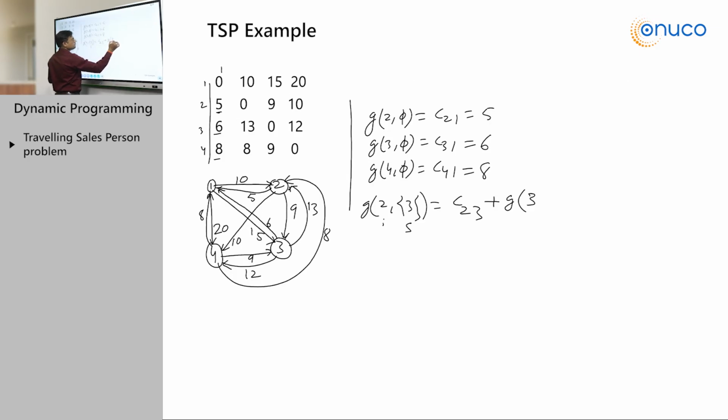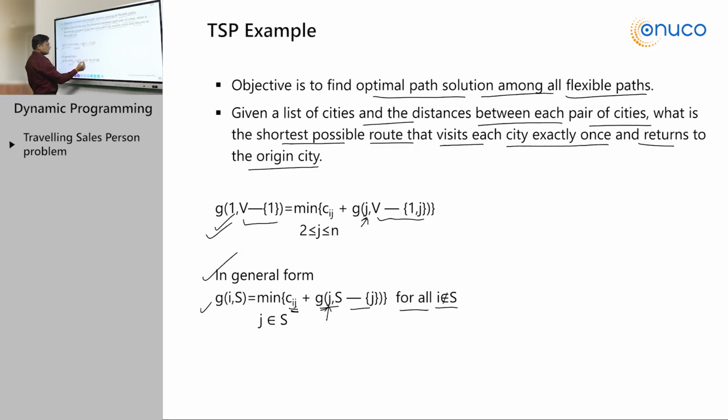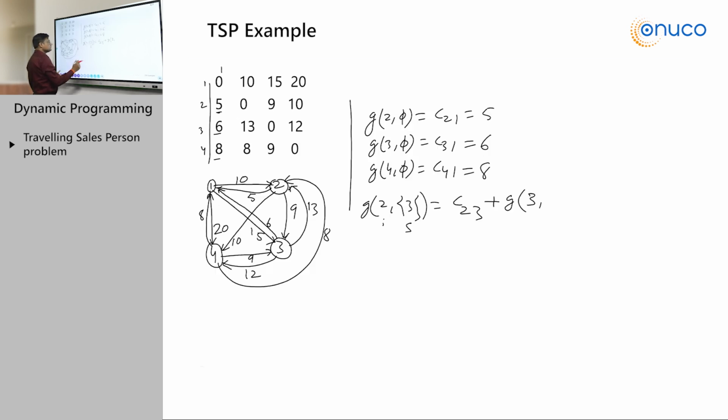So G of 3. And here you can see S minus J: the set has only one element, 3, and 3 minus 3 becomes empty. Hence it is G of 3, empty set.